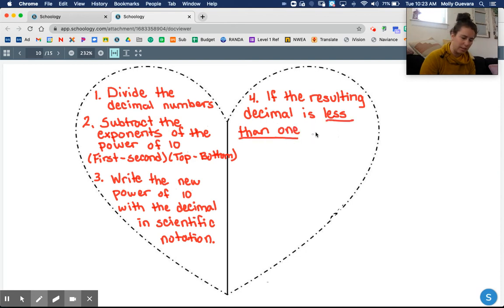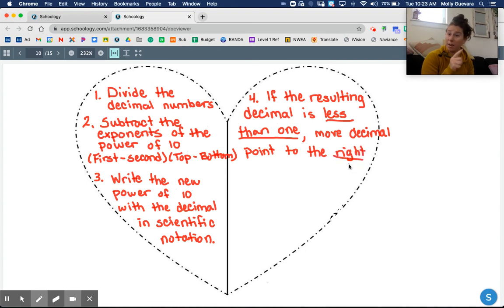So if it is less than 1, I have to move the decimal. Oh, I'm not going to be able to fit it. Okay. Move the decimal point to the right.